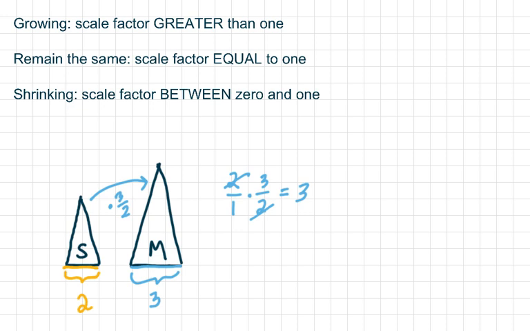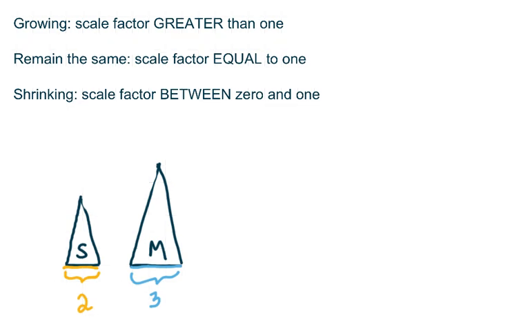So that was helpful to me because now I actually knew the distances themselves, and I could use that to help me figure out the rest of the information. Now that I know the distances, I can go back and actually calculate the scale factor from M to S. So notice we're going the other direction now.